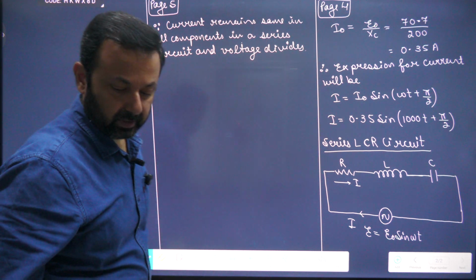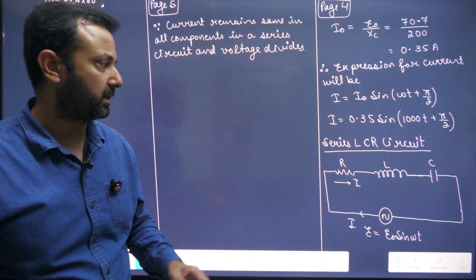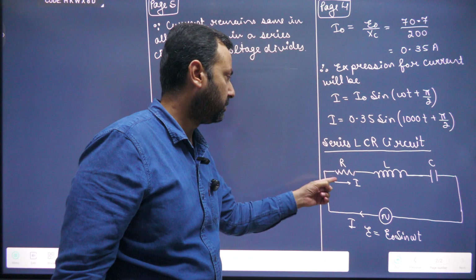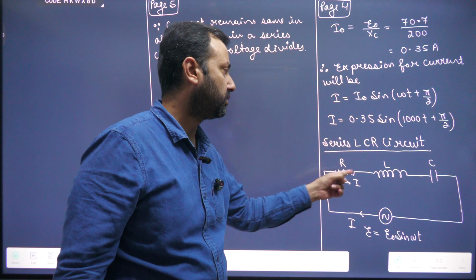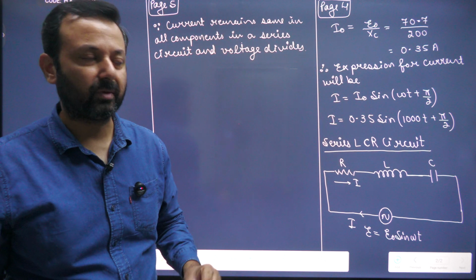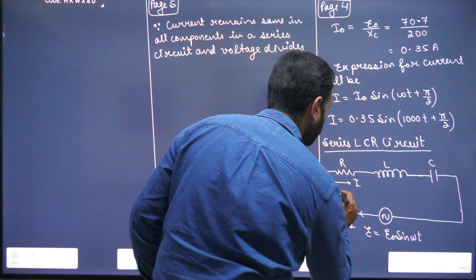The current will go in R also, in L also, and in C also. Current will not get divided, but voltage will get divided. So the voltage across this R, we will take as VR.